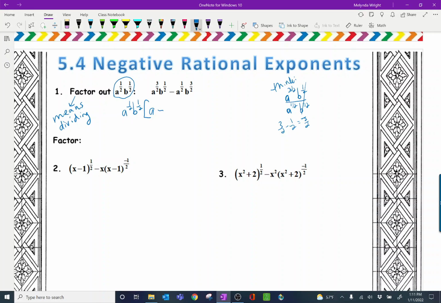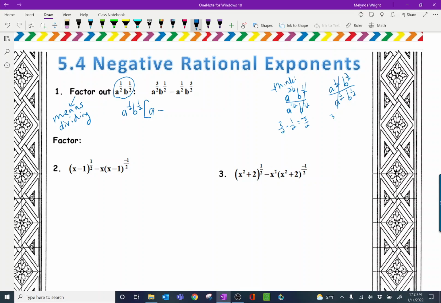Okay, so let's do some more thinking. So now we've got a to the 1/2, b to the 3/2, and what we're factoring out is a to the 1/2, b to the 1/2. We see that goes away. A to the 1/2 over a to the 1/2 is 1. Okay, so we have common bases here. Base of b, we're dividing, so we would subtract the exponents.